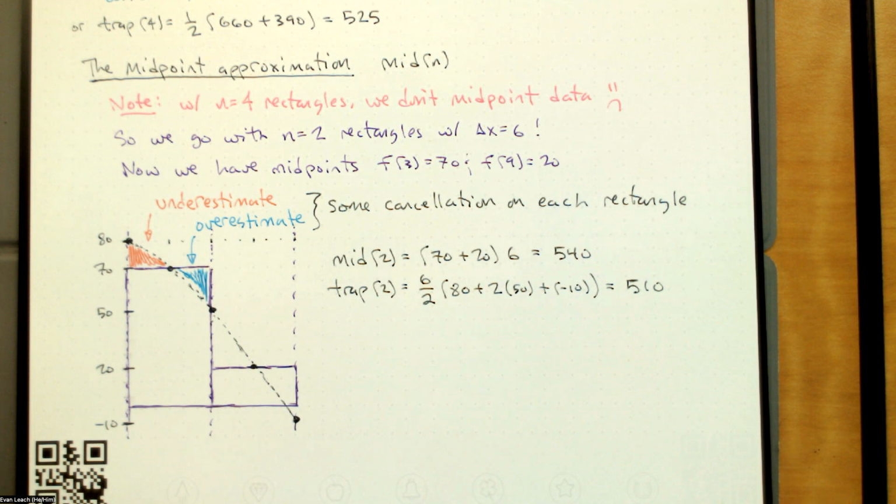We're going to see much worse with left and right. But remember, in this case, left is going to be all overestimate, right is going to be all underestimate. Mid and trap cancel some of that out.